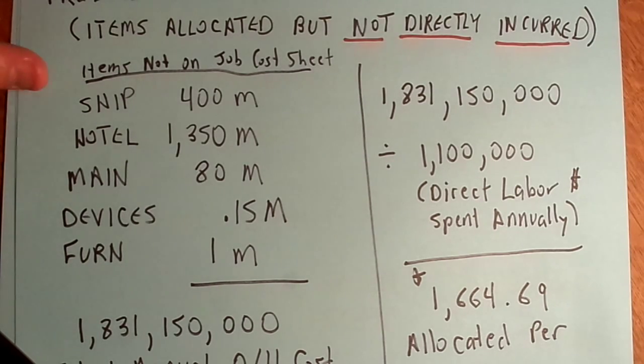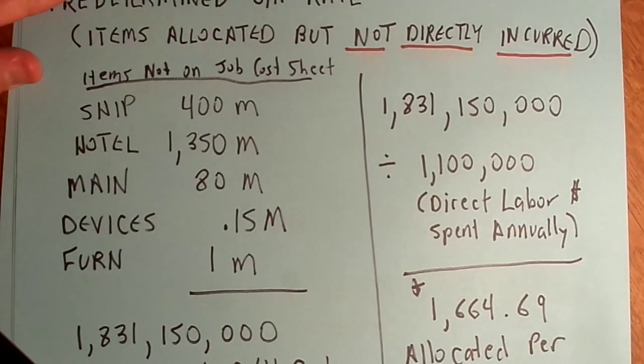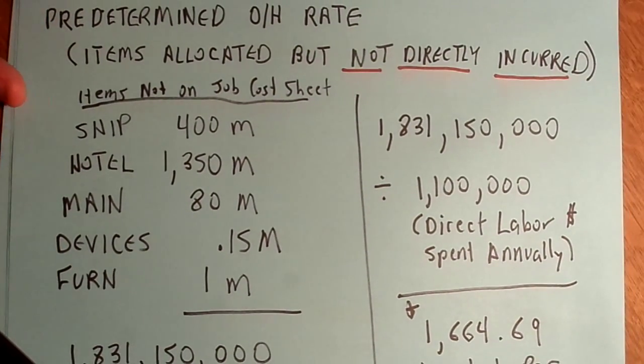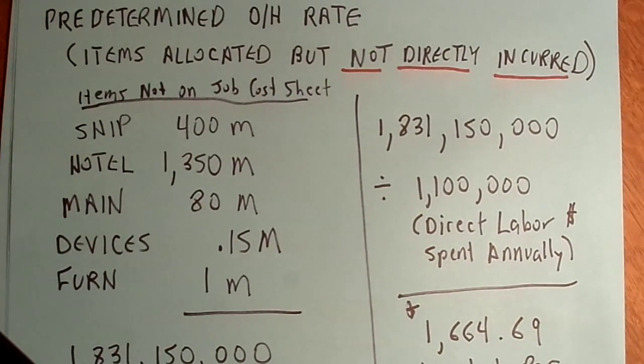We used the predetermined overhead rate, and I want to tell you, predetermined overhead rate is always something I test pretty heavily in Accounting 212. So you do have to know this. And I used it here. To get the predetermined overhead rate, we add up the items allocated but not directly incurred.